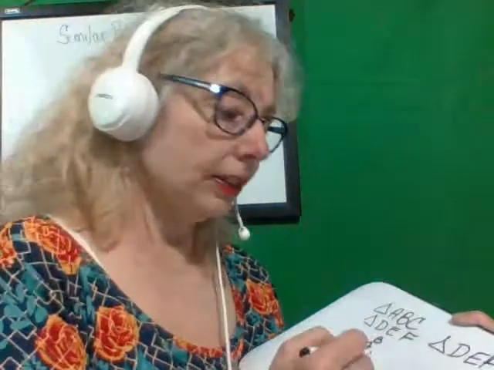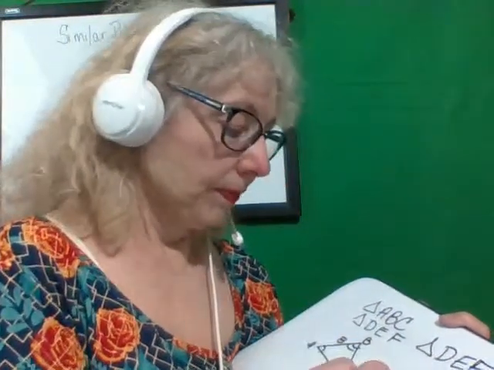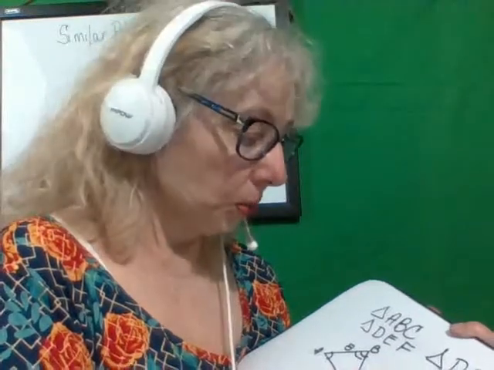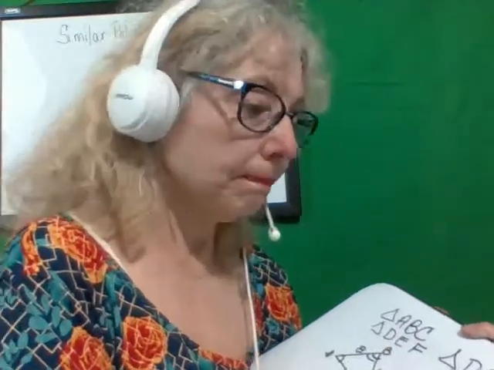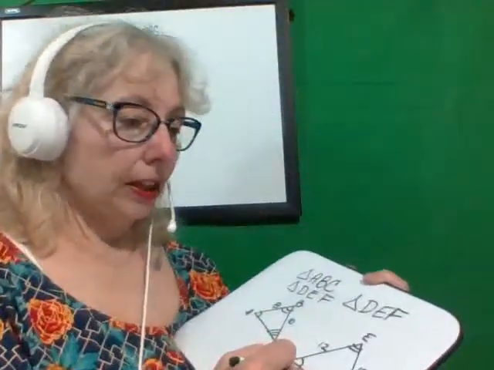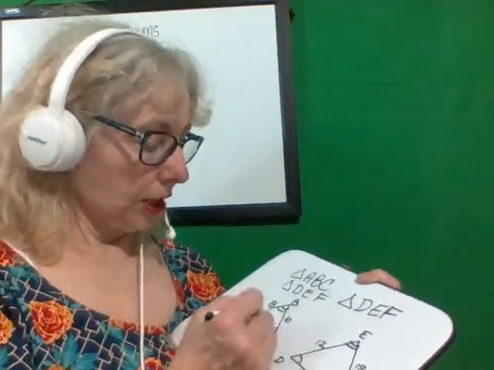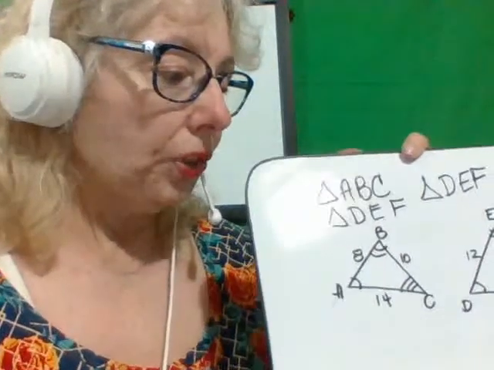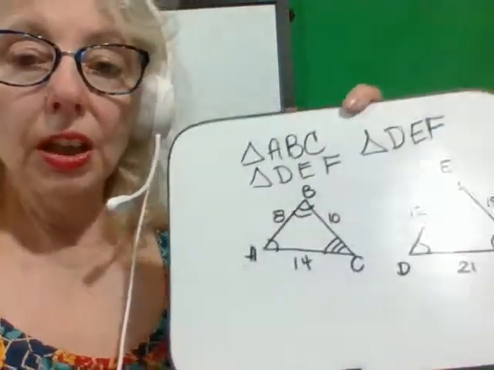AB is 8, and DE is 12, and then we have 10, 15, and 21, and 14.